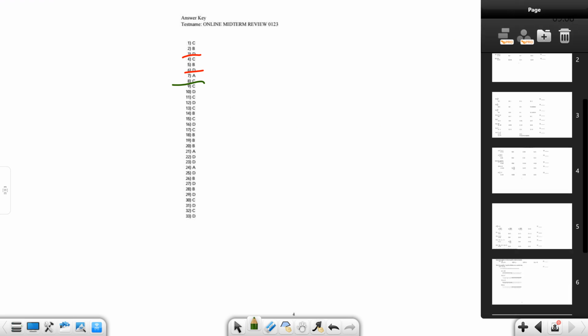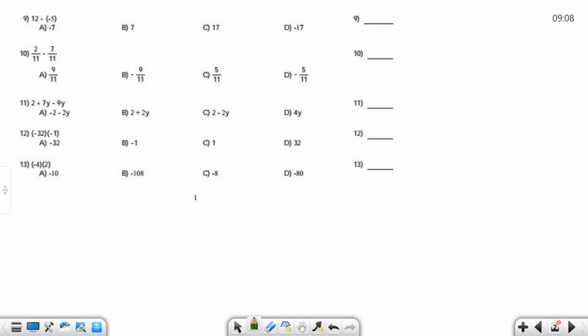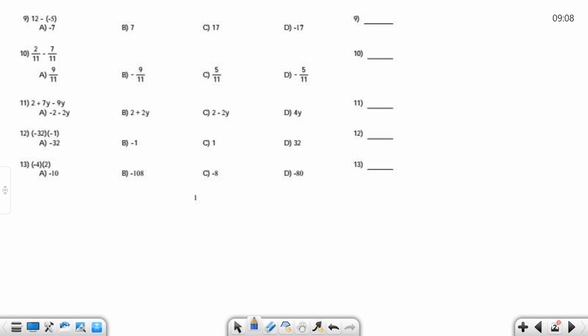So now let's go back to the next page. Pick up on number 9. It's the first page on your printout copy. I just tried to make it a little larger and a little easier for you to see here. So here, 12 minus negative 5. Again, I don't like minus a negative. What does minus a negative become? Well, this minus sign says change this one here.